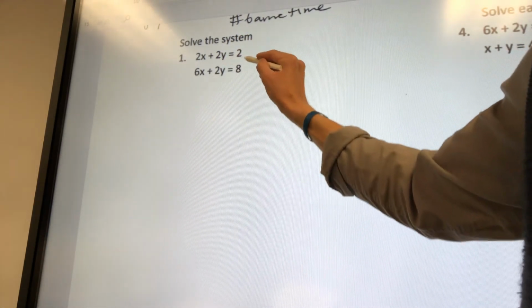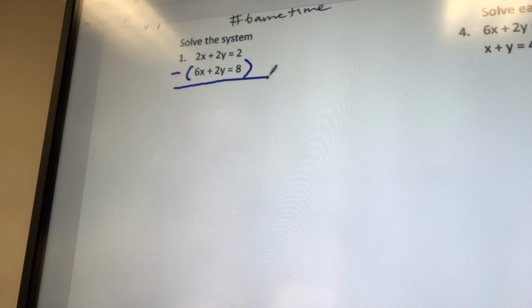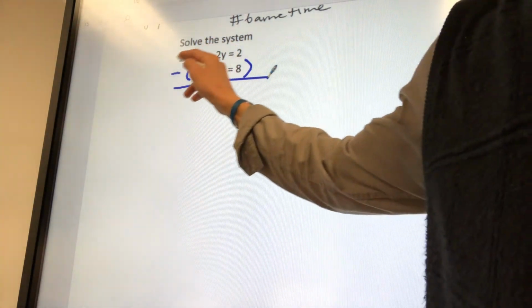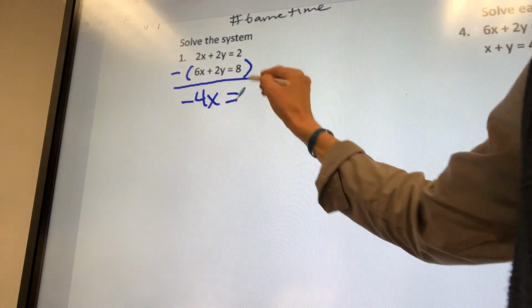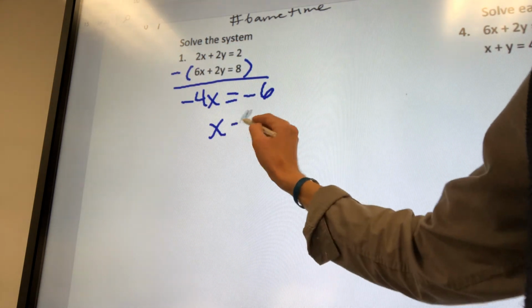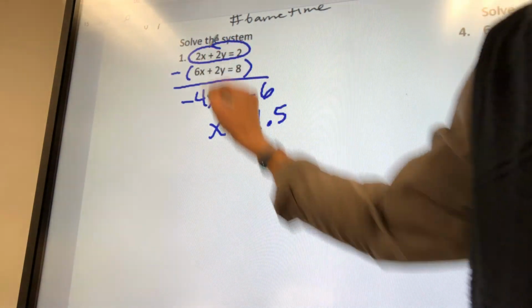On 11, take a look at 1. The two y's match up perfectly. How do you get rid of 2 and 2? How do you make 2 and 2 0? You subtract. So 2x minus 6x, that's a negative 4x, and that's equal to 2 minus 8, which is a negative 6. Divide by negative 4, you get x is 1.5. So I'm going to take that 1.5, I'm going to plug it in wherever you want.